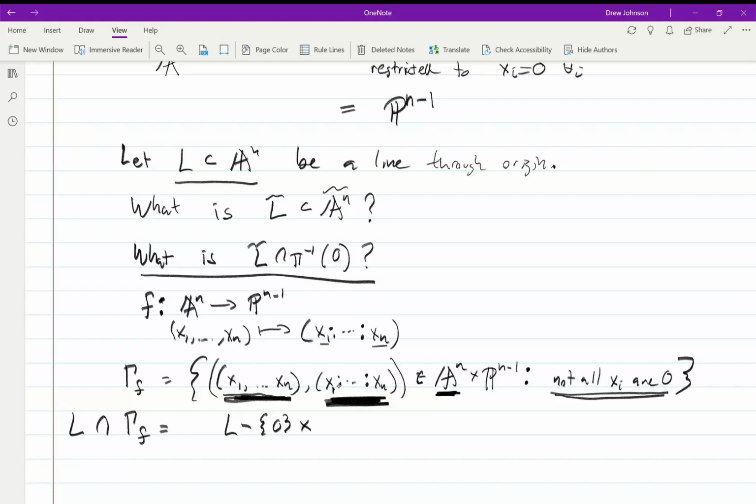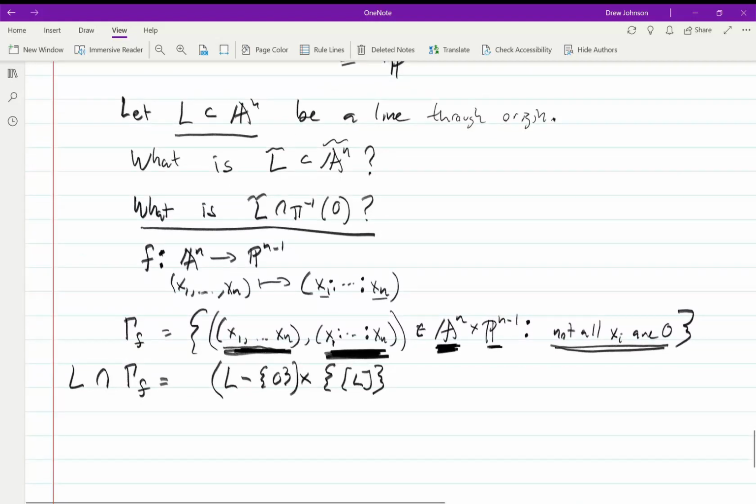So let me write the singleton set containing the equivalence class of L, thinking of P^(n-1) as parametrizing lines in A^n. Then L intersect the graph will just be all the points on the line except for the origin, and in the projective space, you'll just get the class representing the line here. All right, so that was nice.